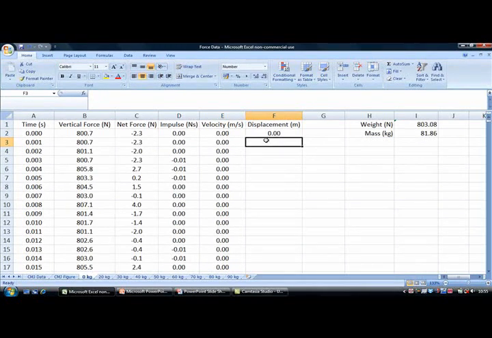Now if we think about displacement, we said displacement is equal to velocity times time, and then keep adding them up one by one, because that will give us a displacement for how much someone's moved by in each frame. So equals velocity times time.